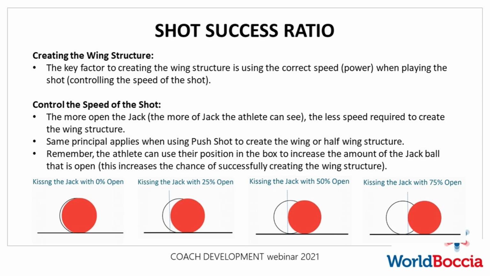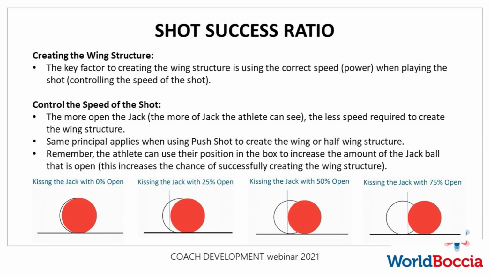When we're looking at creating the wing structure, we have to be aware of the type of ball we're looking to push into that position. Each ball can have a different hardness. We could have a super soft ball, a soft medium ball, or a medium ball. So we need to be aware of what ball we are looking to push into position, and also what ball we are using to perform the shot.